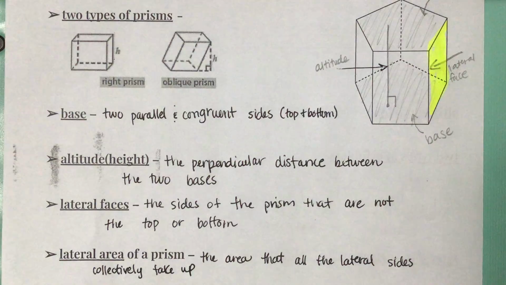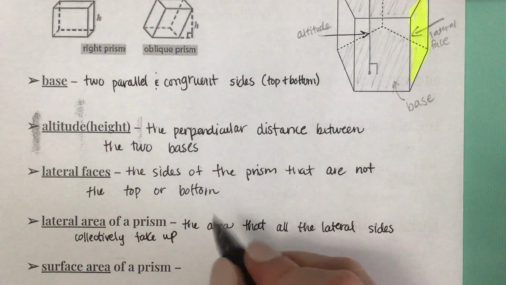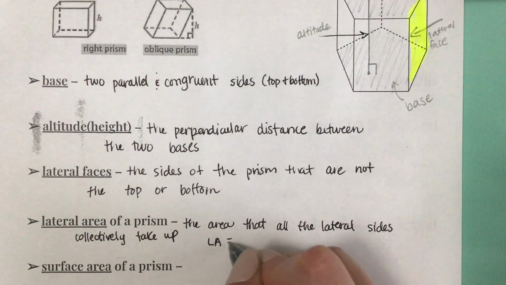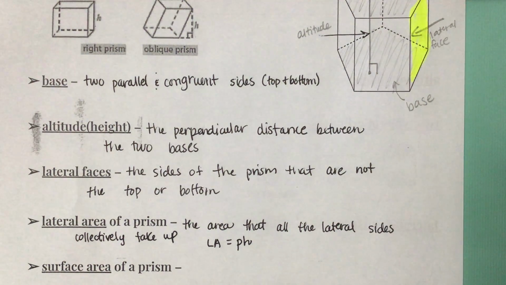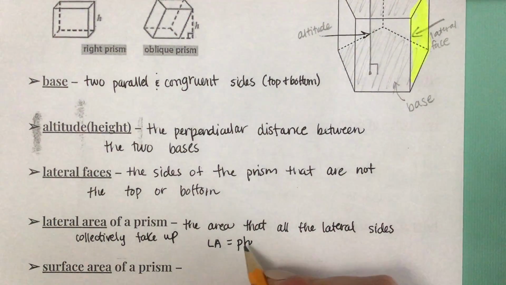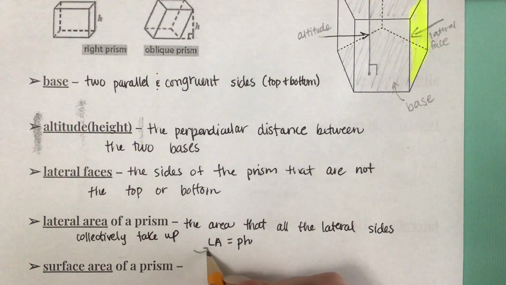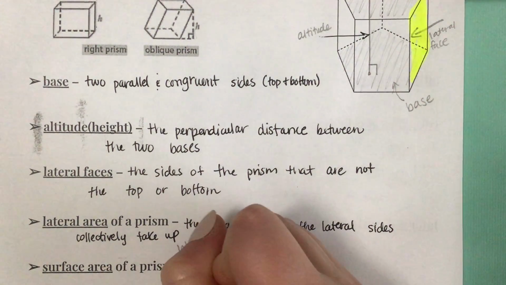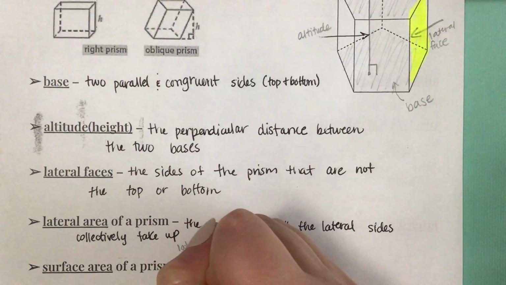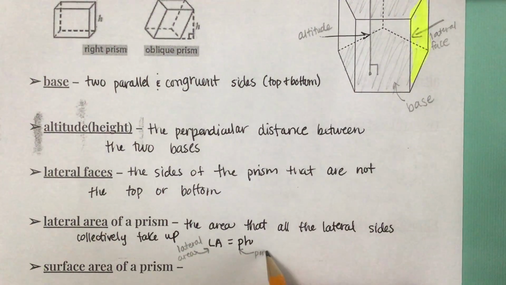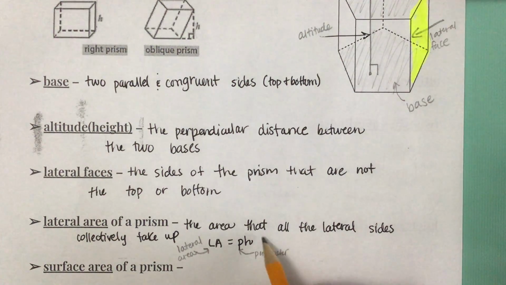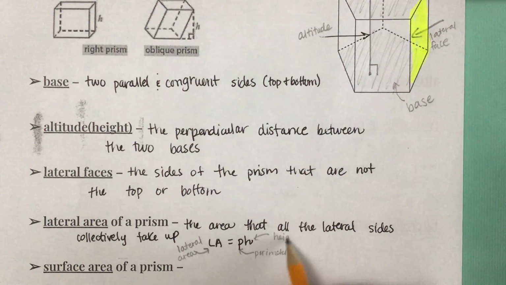Now, in order to calculate this, you're going to say the lateral area is equal to the perimeter times the height. LA stands for lateral area. P stands for perimeter. H stands for height.